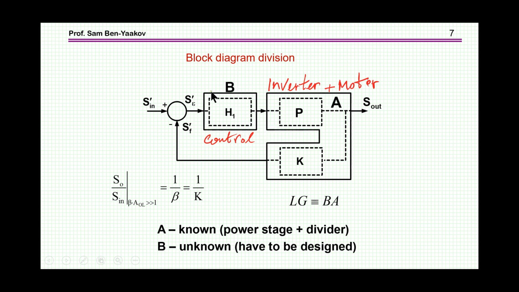This is something that we want to control. And we understand now that if we design it properly with high gain, then we're going to have a transfer function in the closed loop which is basically dependent on this value here, which could be either constant or frequency dependent.